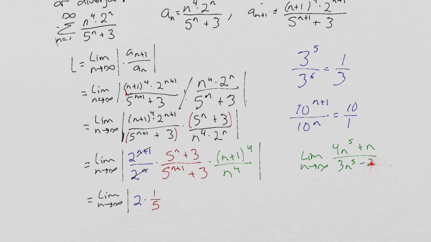We could say the same thing about the 2. So when we're thinking about infinities, we can ignore those, and then what are we left with? I'm just left with an n to the 5th over the n to the 5th, and what happens to them? They cancel, and I'm just left with 4 over 3.